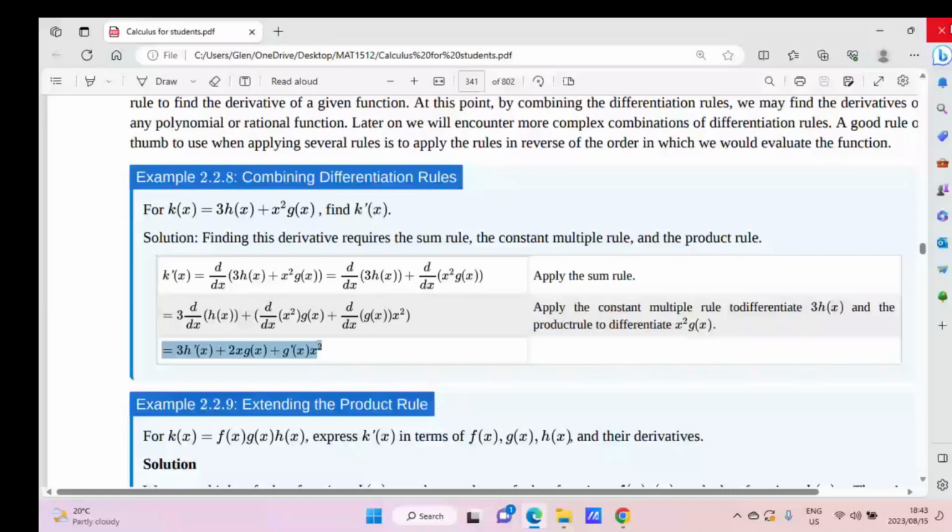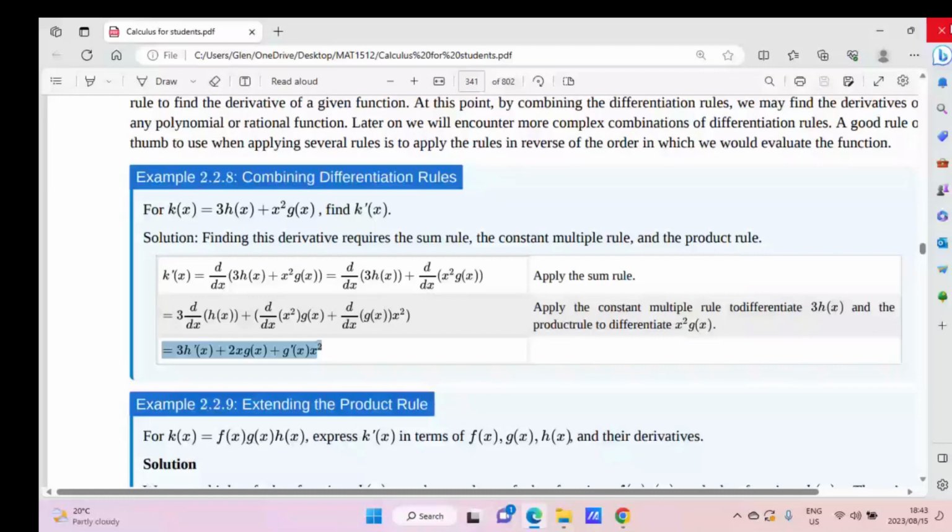Multiply that bracket by h of x, then say plus f of x times g of x multiplied by the derivative of h.